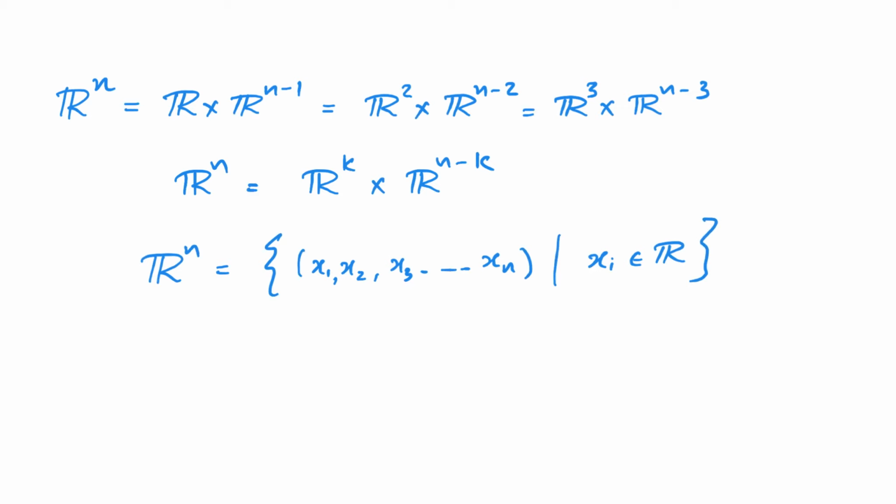Now this notation x1, x2, x3, etc. up to xn is called an n tuple, where the n stands for the number of elements that we have. So Rn is a collection of n tuples where each element in the tuple is a real number. And we will call these spaces Rn as Euclidean spaces. And that is where the title of this video comes from.